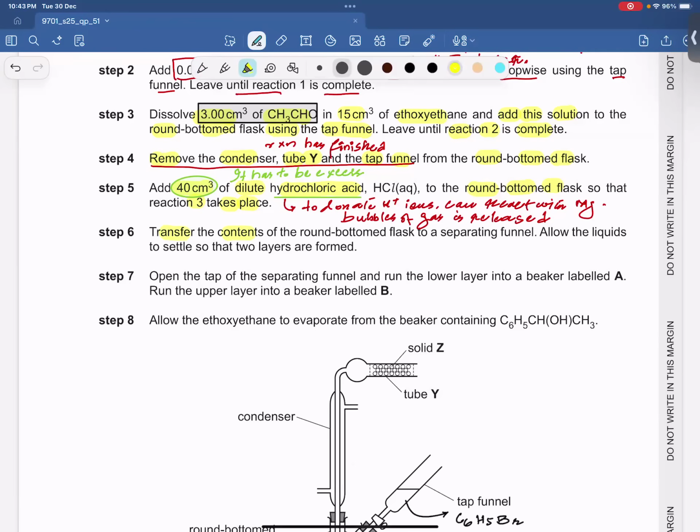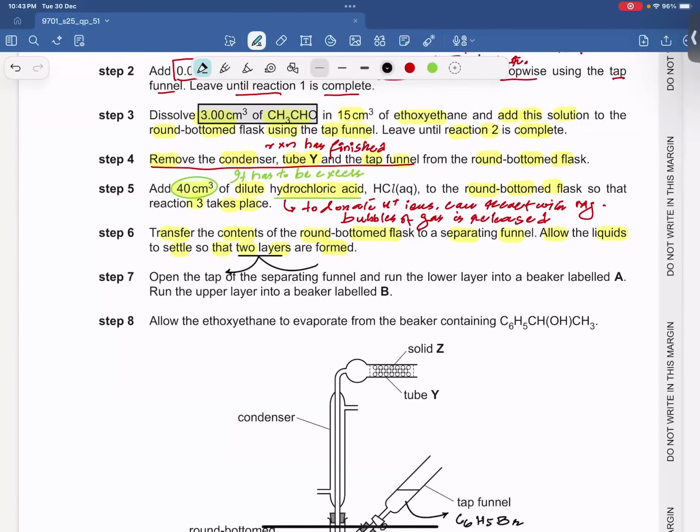Transfer the contents of the round bottom flask to the separating funnel. Allow the liquids to settle so that 2 layers are formed. By the way, of these 2 layers, one could be the organic layer and the other the aqueous layer.